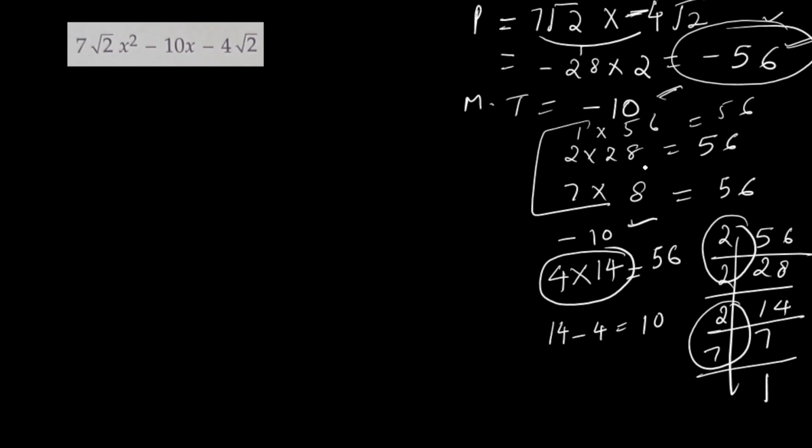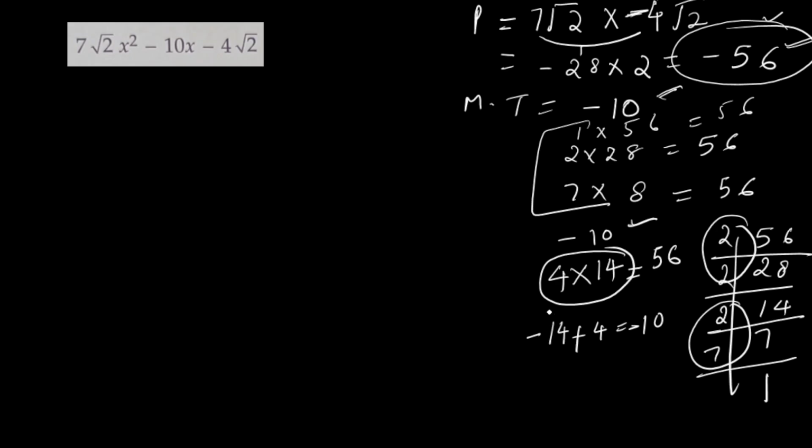But same thing, like I have told in the previous question as well, we need a negative answer. So that means the greater number should have the negative sign, and the smaller number should have the plus sign. Because we know whenever we have to do subtraction, plus minus is always subtraction, but the sign of the answer depends on which number has the negative sign.